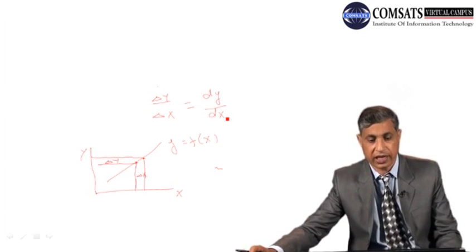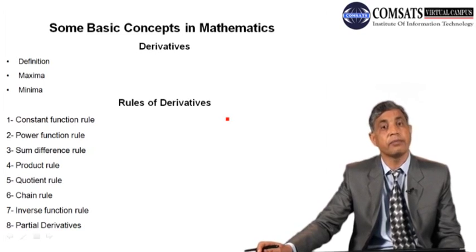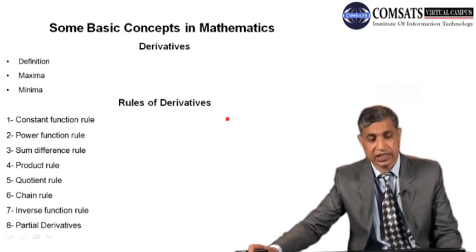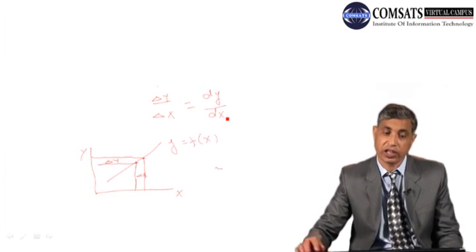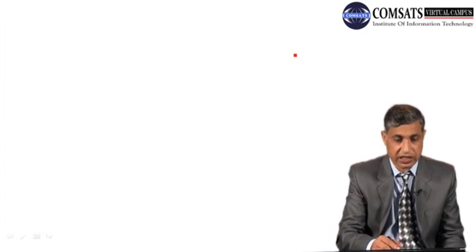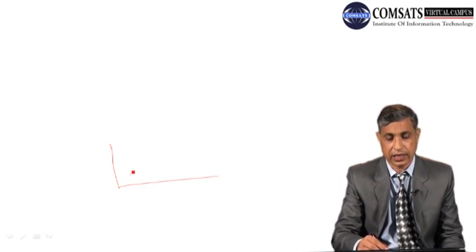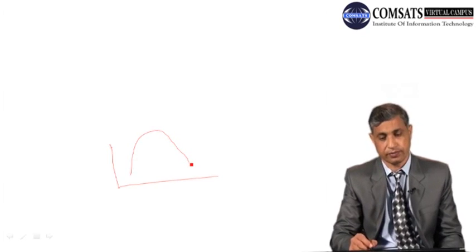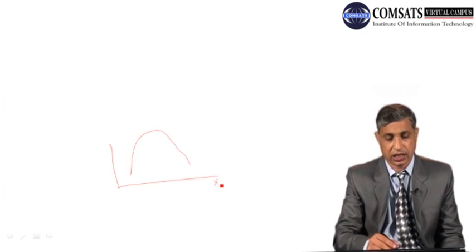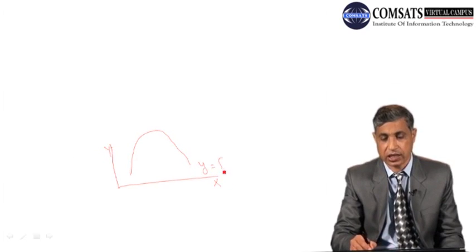Before going further, I will just show the concept of maxima and minima. These concepts are based on the derivative, but I will just show what the conditions for this are. For example, if this is the graph before you, and I say that this is a function, this is x, this is y, y is a function of x.